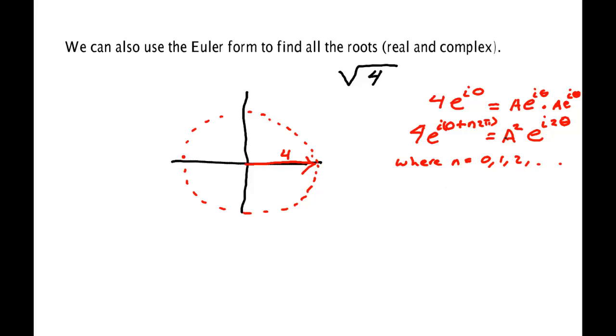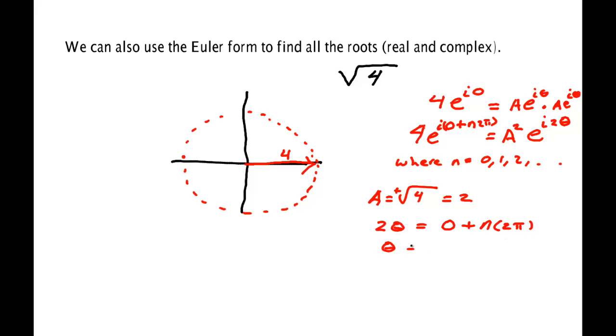Now looking at this, we see the first thing is that a squared, the length, is a number that you square to be 4, and the length has to be positive. So a is simply the positive root of 4, and that's 2. We also see that this angle, 2 theta, is equal to 0 plus n times 2 pi.